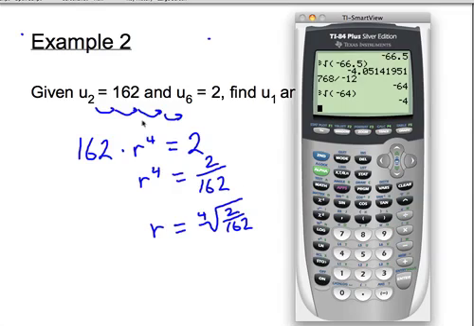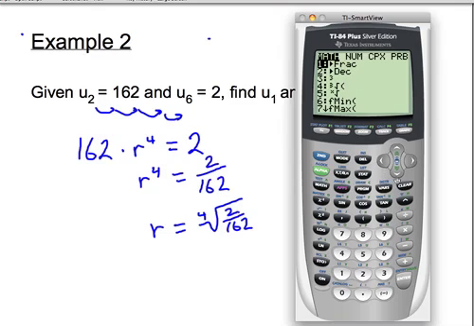Okay, so let's do that on the calculator. You can go to math and go down to x root. We need to do fourth root, so we're going to press 4, then go to math, then go to x root. So now I have fourth root of 2 divided by 162.